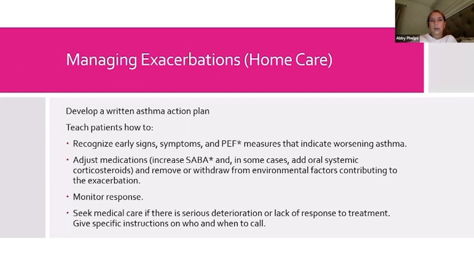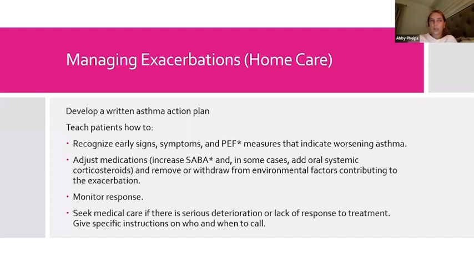So managing exacerbations, home care. So develop a written asthma action plan. So teach patients how to recognize early signs, symptoms, and PEF measures that indicate worsening asthma. Adjust medication. So increase your SABAs, and in some cases add oral systemic corticosteroids, and remove or withdraw from environmental factors contributing to the exacerbation, which could be many things.